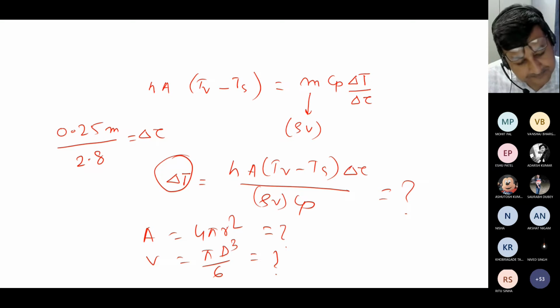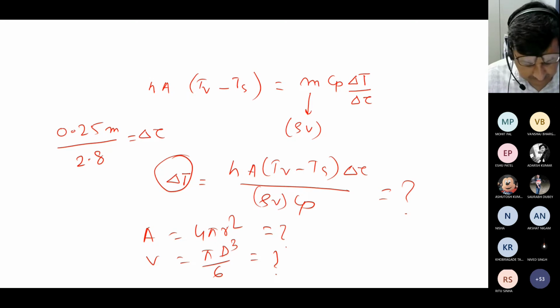What is volume coming in? 1.7 into 10 raised to -8.